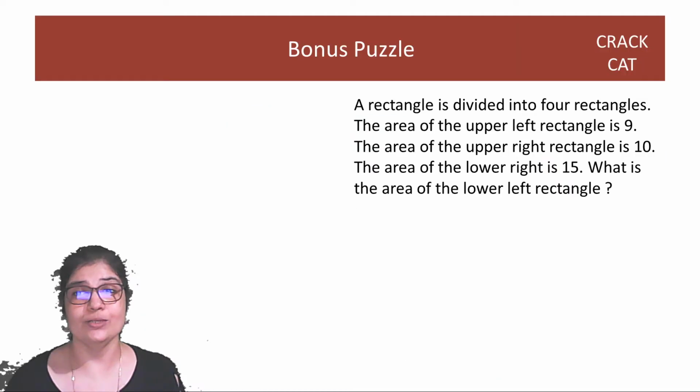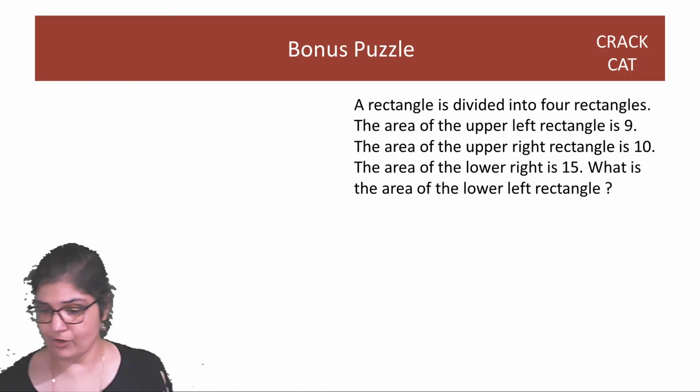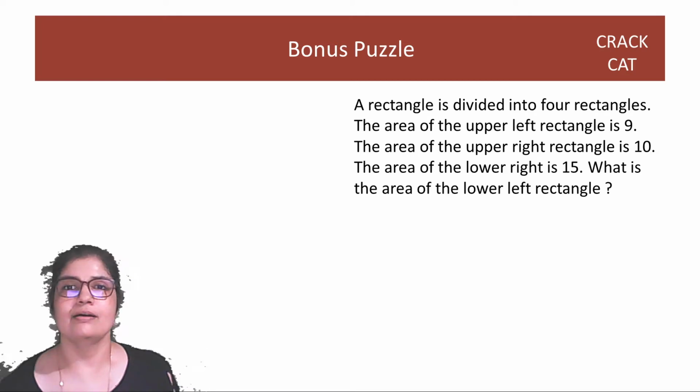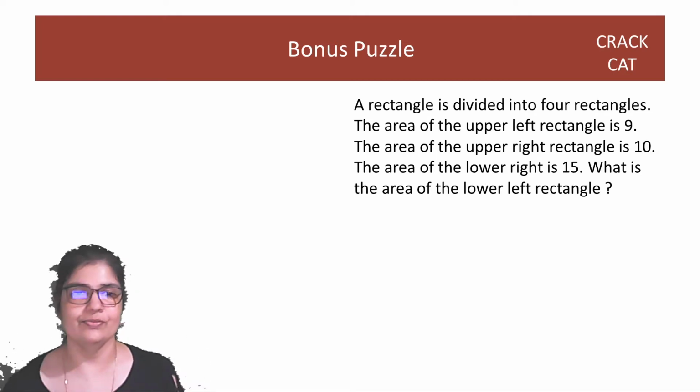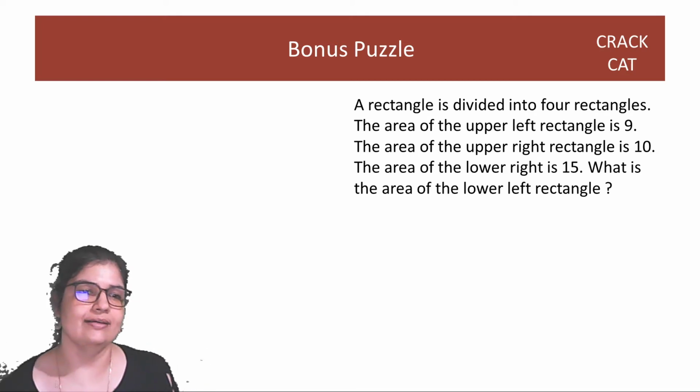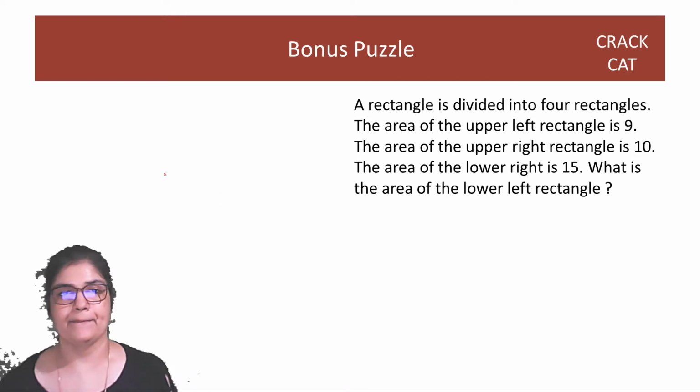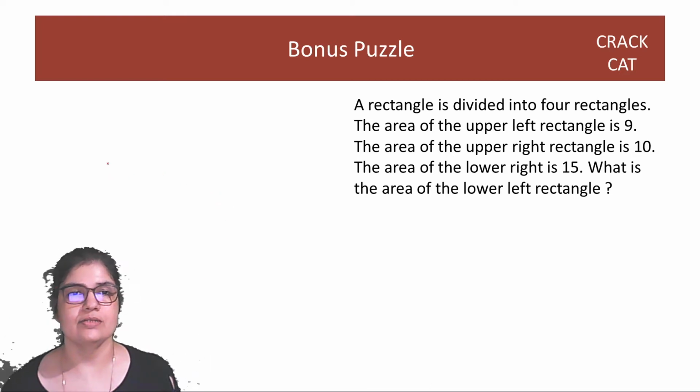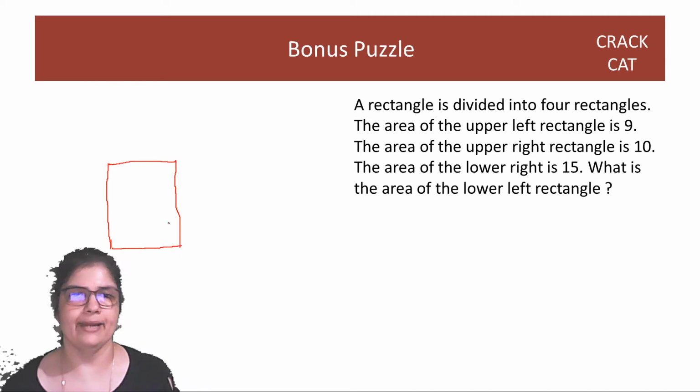So as usual, we will start off from the puzzle that I gave you all last time, right? So you have a rectangle which is divided into 4 rectangles. So let's just draw neat. Let's hope it's neat, guys. Okay. So one rectangle and that's divided into 4 rectangles.